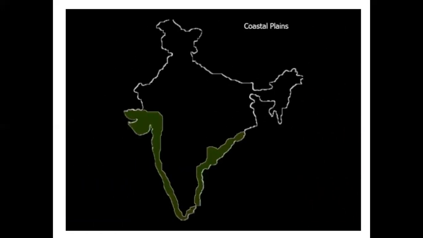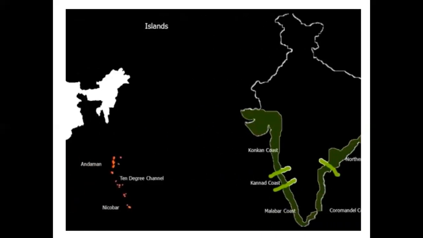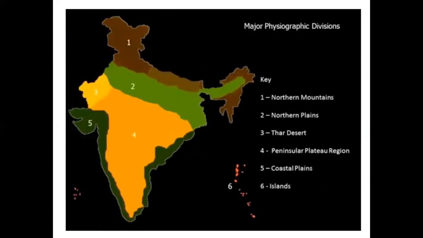Then the green part that you see is the coastal plains. The coastal plains are again further divided into Konkan coast, Malabar coast, Coromandel coast, and Northern Circars. Then we have the Andaman and Nicobar Islands and the Lakshadweep Islands. Then all the 6 categories are divided here and are shown in different colors.